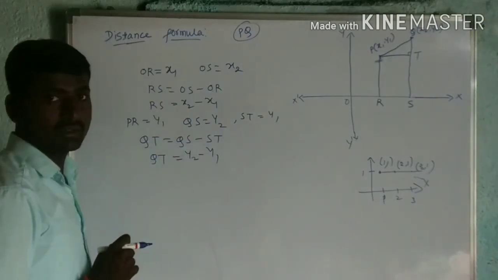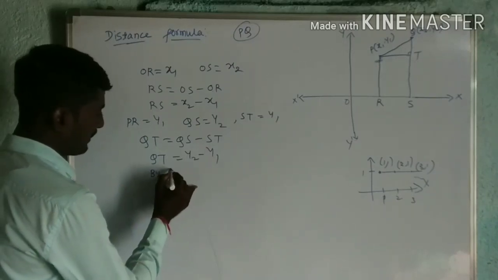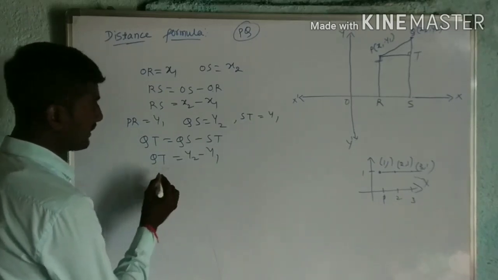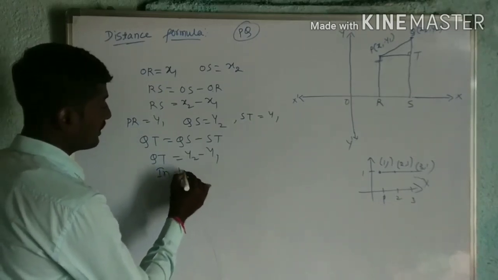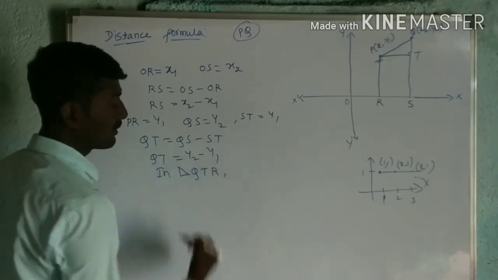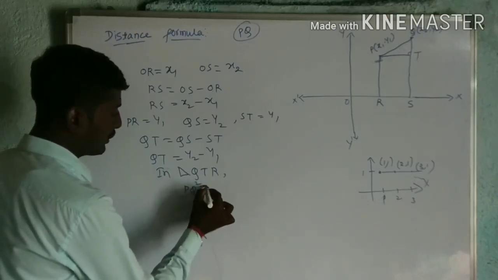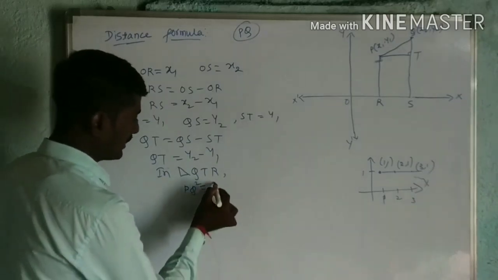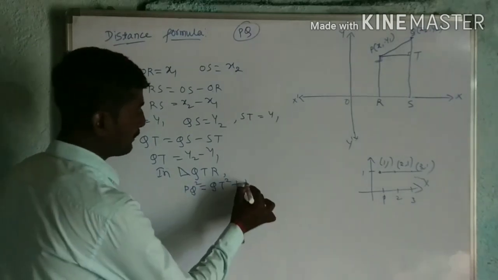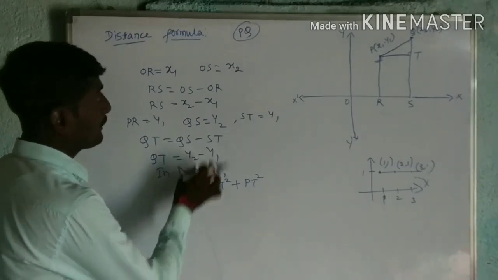So in right angle triangle QTP, PQ square is equal to QT square plus PT square.